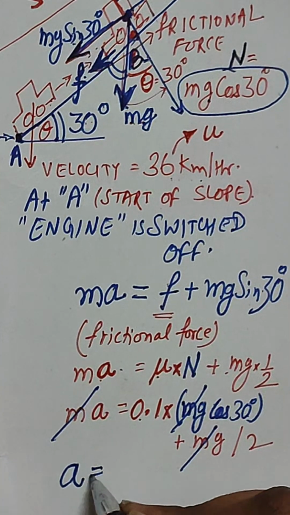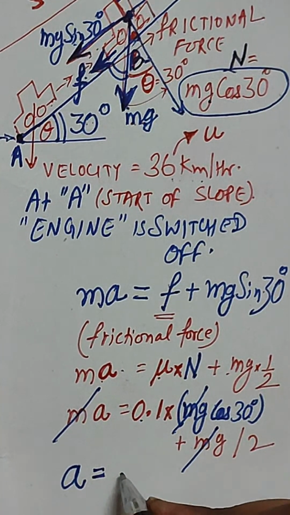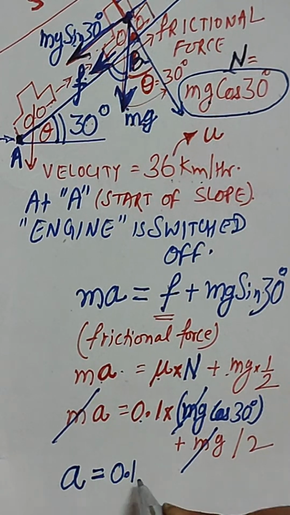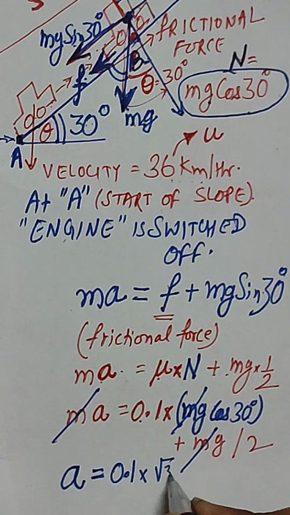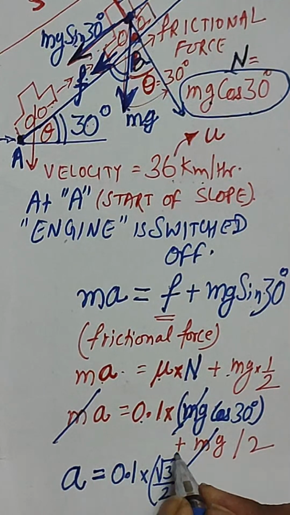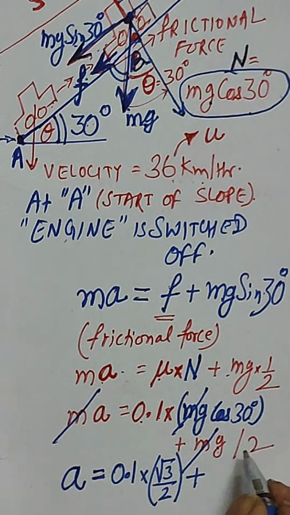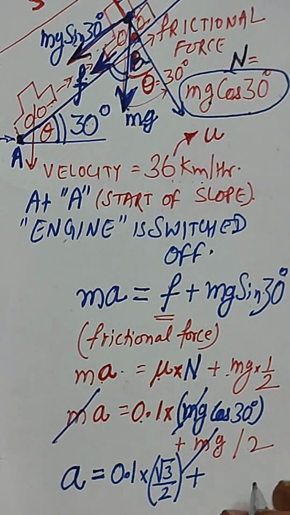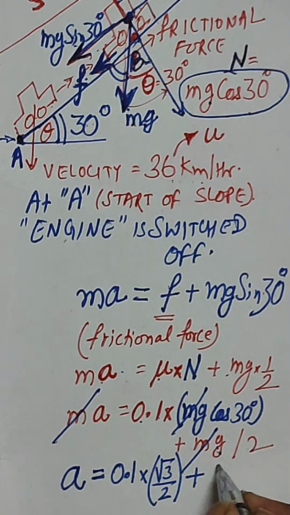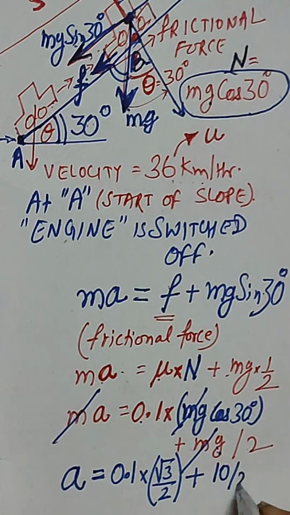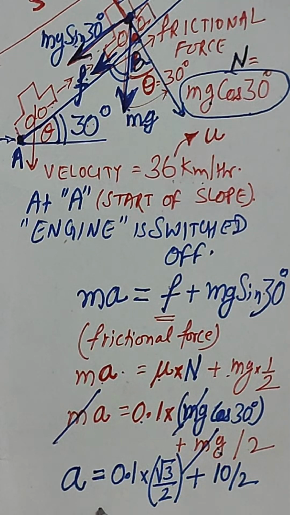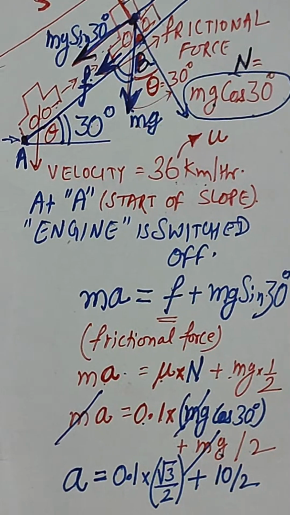And what is the value of cos 30 degree? It's root 3 by 2. So 0.1 into root 3 by 2, which is the value of cos 30 degree, plus g by 2, because m is already cancelled. The value of g is given to you as 10 in the question. So 10 by 2. So this will give you the value of retardation.